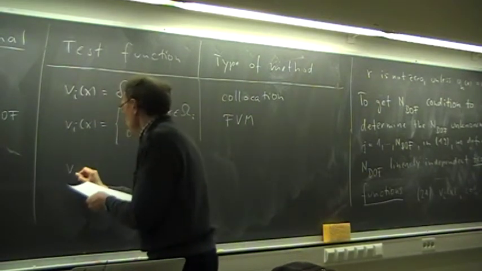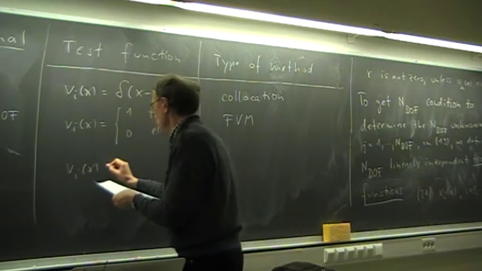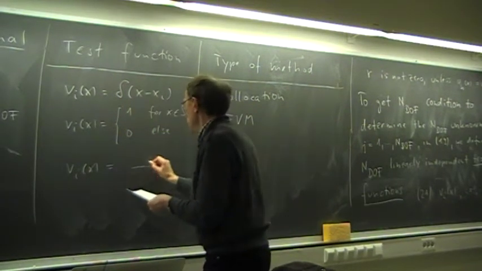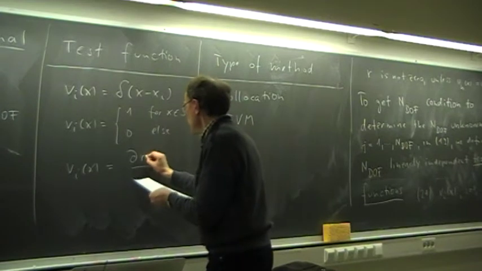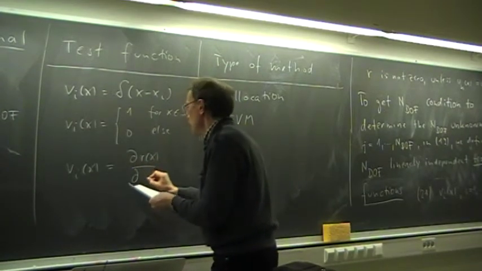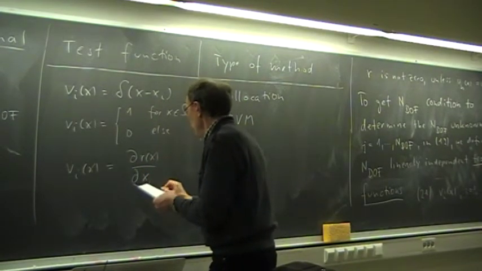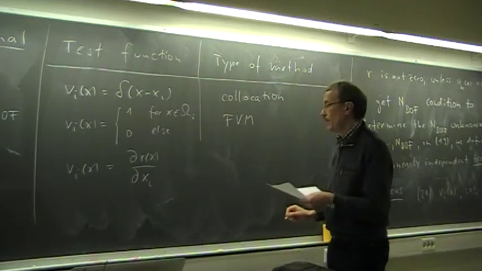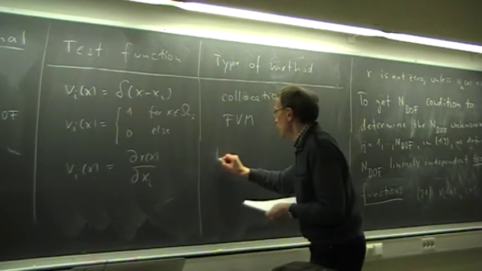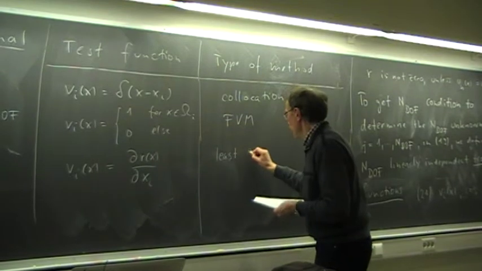If we choose vi of x as the derivative of the residual with respect to our node xi, then we would get the least squares method.